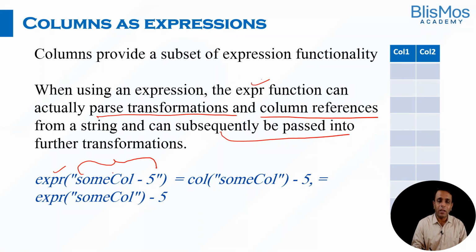Ideally, we are not referring any col here, but we have provided this as a part of the string. Yet expression is able to parse this transformation and also column references, perform the transformation, and subsequently pass the result of this to subsequent transformations. In the same way, this is also the same thing. Only thing is the way we are referring is different. This is equivalent to col some column minus 5, which is also equivalent to this. All these three mean the same thing.